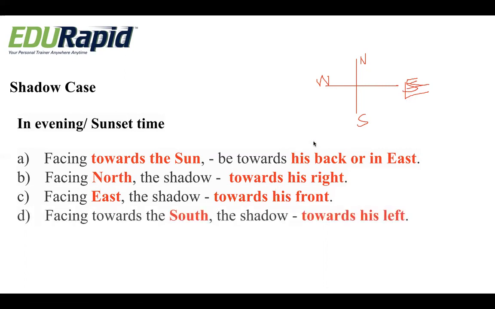So if the person is facing south, what happens? The person is facing south, the shadow will be towards his or her left. Just visualize, you need to visualize.